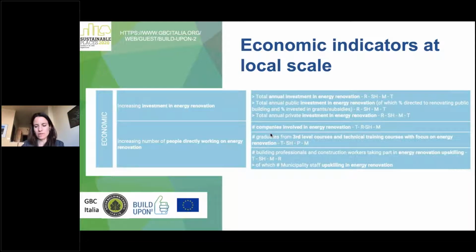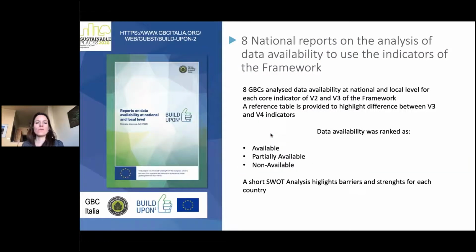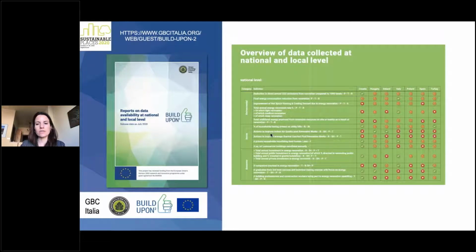So we have produced a series of reports while we were developing the framework of indicators. One of these is a national report, one for each nation, that reports whether the data that we are asking for through the framework are already analyzed at the national level.